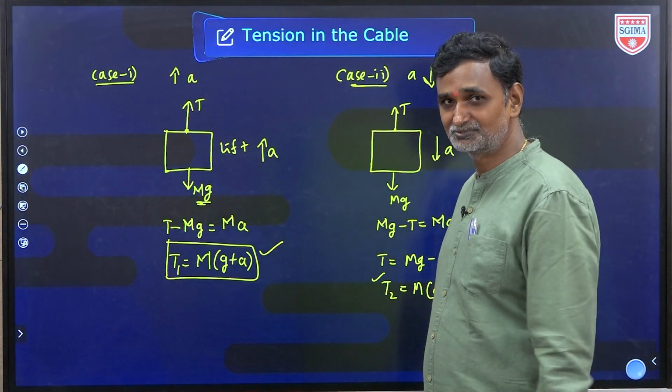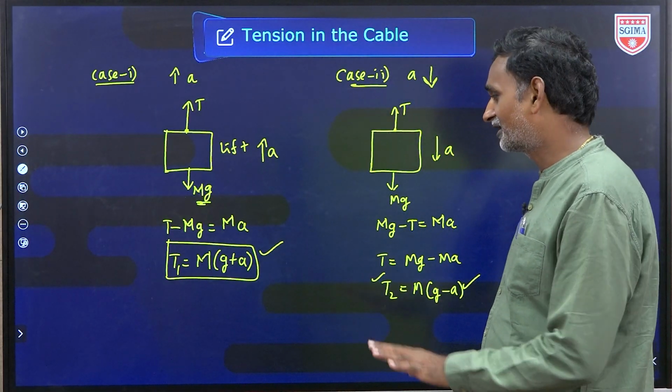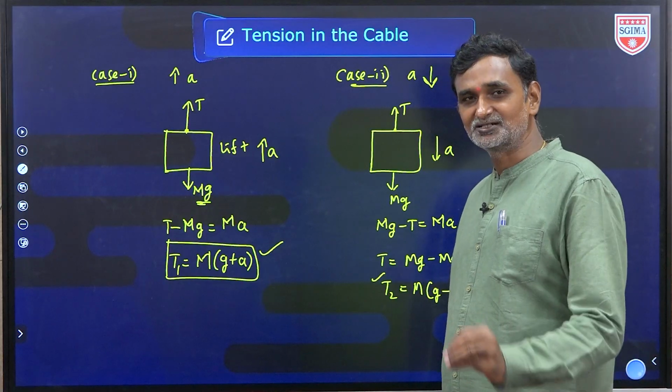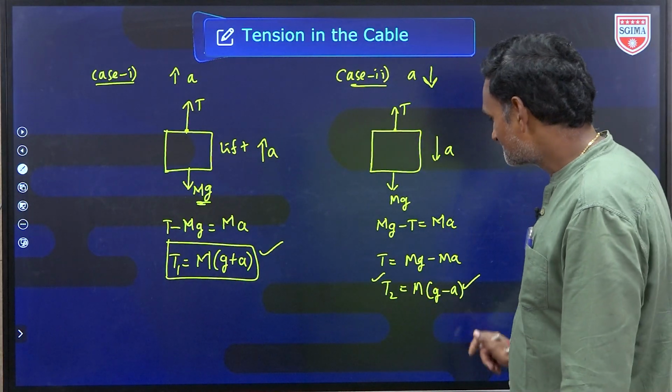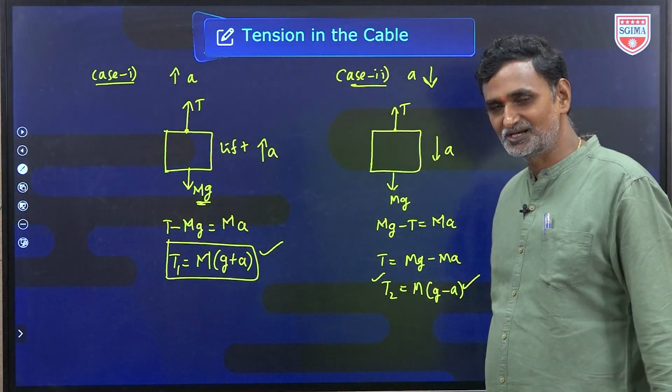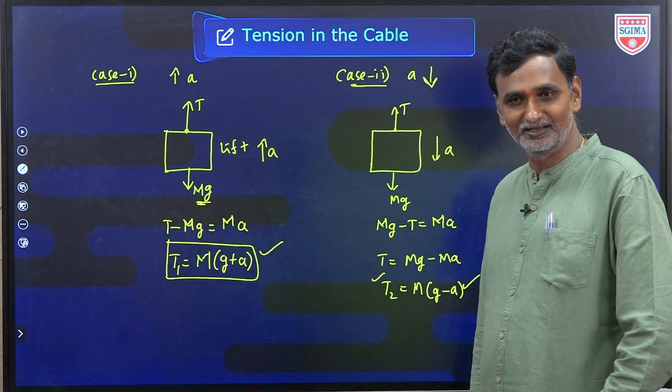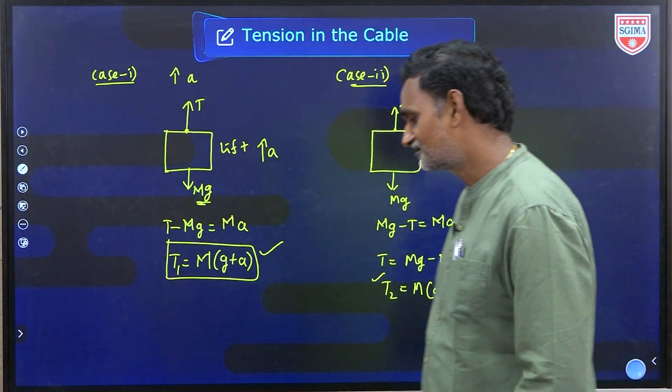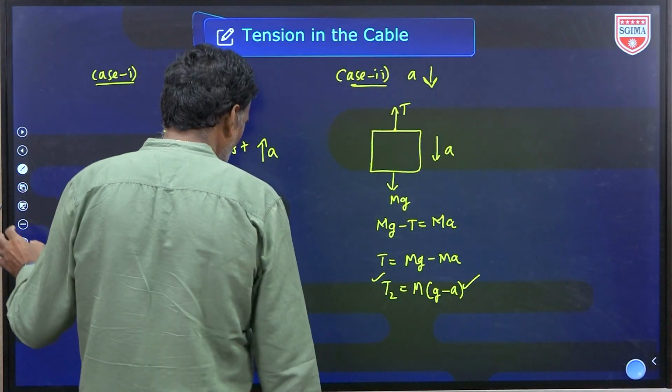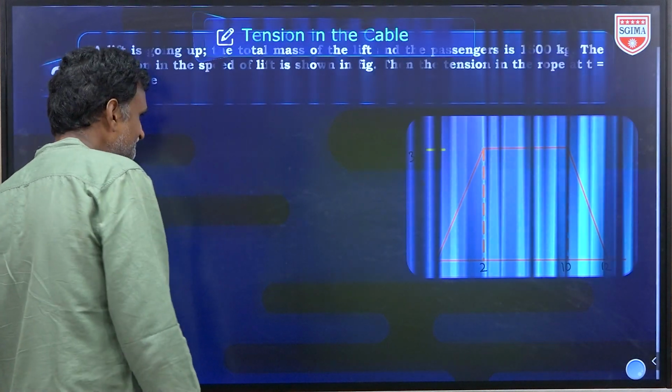But don't try this practically and don't disturb the lift motion. So this is what we needed to discuss, how tension alters in the lift cable, right. Now let us move on to the next slide.